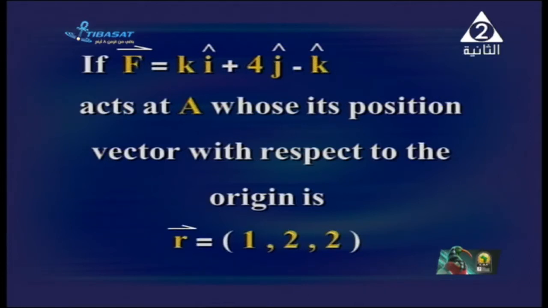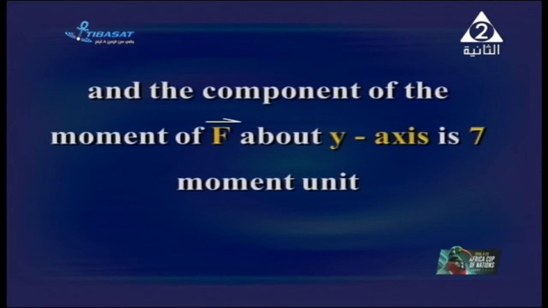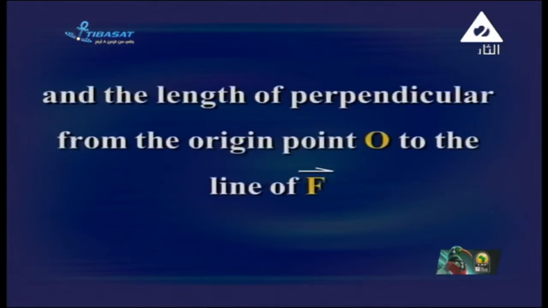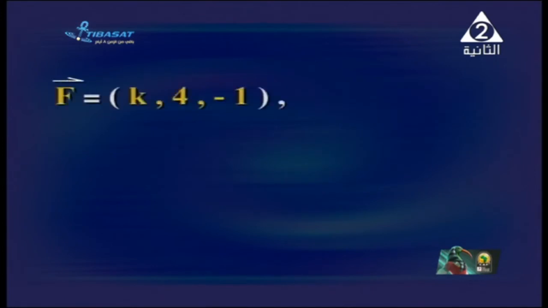Remember, my dear student, we have force k i plus 4j minus k acting at point A, whose position vector is (1, 2, 2). It is required: the component of the moment of the force about the y-axis is 7 moment units. Then find the length of the perpendicular from the origin point to the line of the force F. Find the value of k.